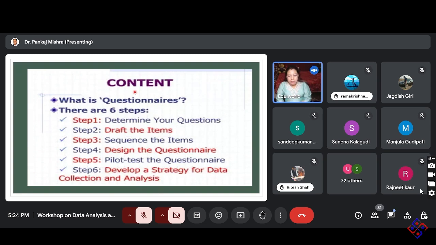Have you heard this term, pilot test? Anyone? Manjula? For any invention, we do pilot testing, whether it works or not, in order to understand its validation and accuracy. Anyone want to add something to Manjula's answer?